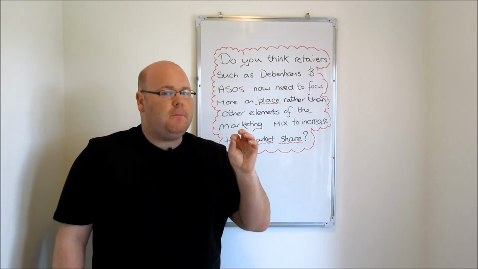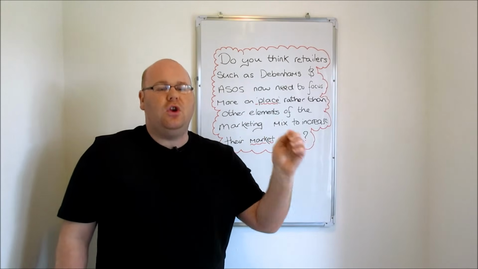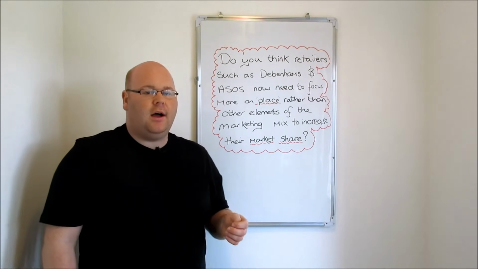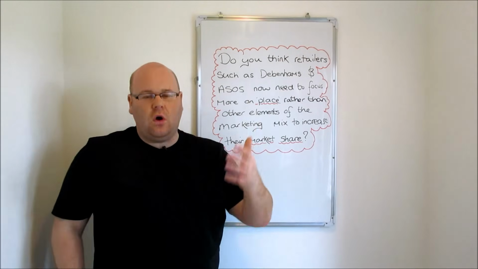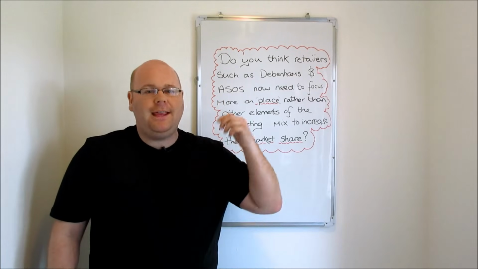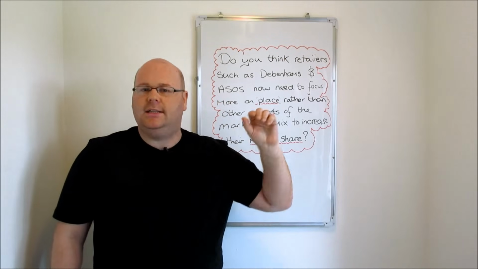Not what's good about place, but why is it better than another aspect of the marketing mix that you may have mentioned in your answer. So we don't just recap analysis in those conclusions. We've got to try and show some judgment: why one thing defeats another, why one argument prioritizes another.